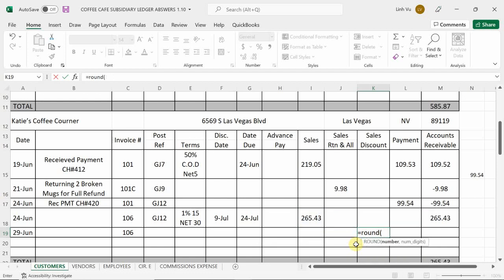Okay, so in this case, 265 is going to be 235.43 times that 1%. So what's going to be the 1% of this?